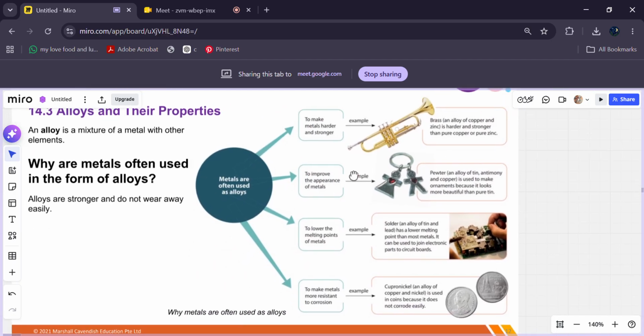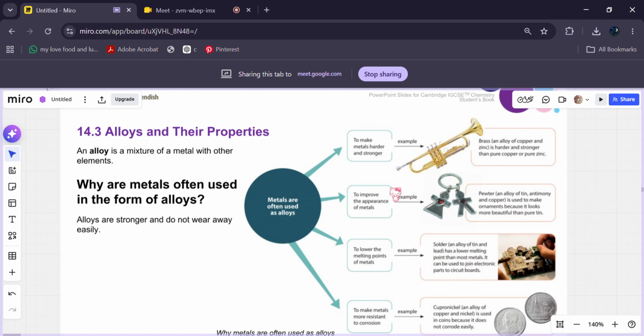They can be hard, but not hard enough for us to use it to create big manufactured things such as ships and cars and trains. Because all these vehicles and buildings and so on use lots of metals, but pure metal isn't strong enough. So to solve this, people created alloys.